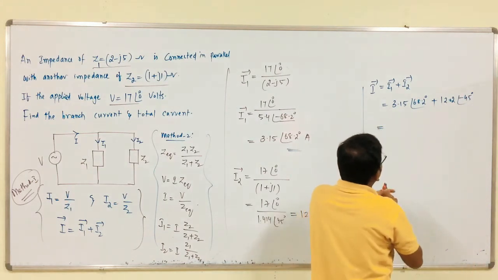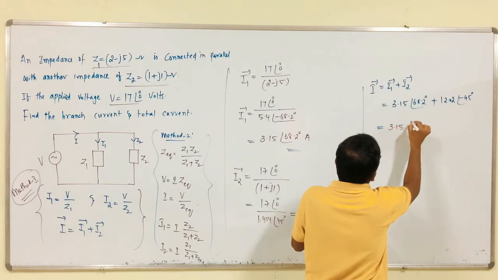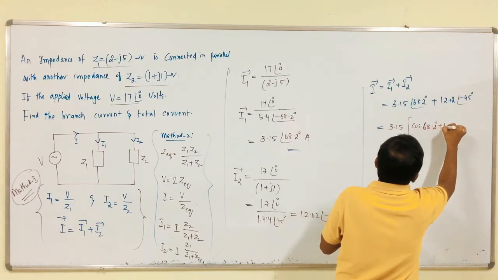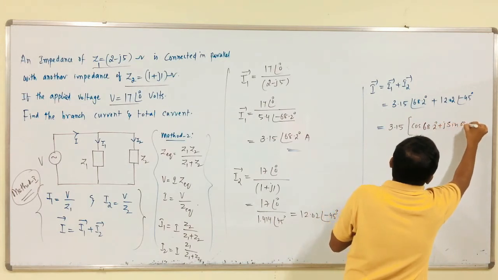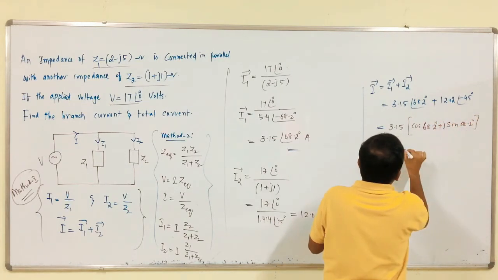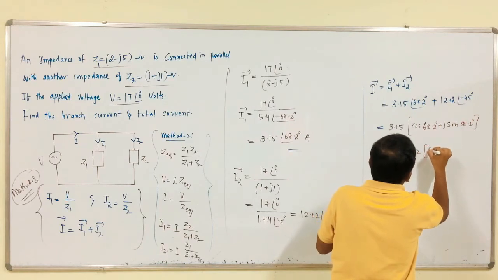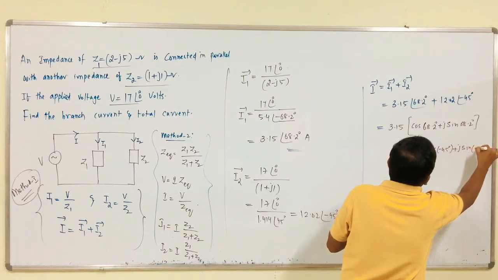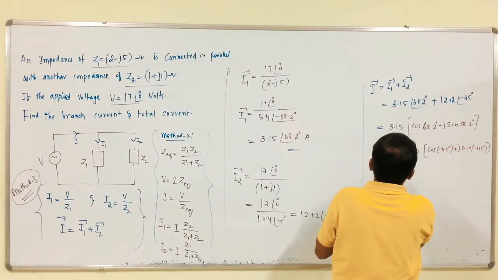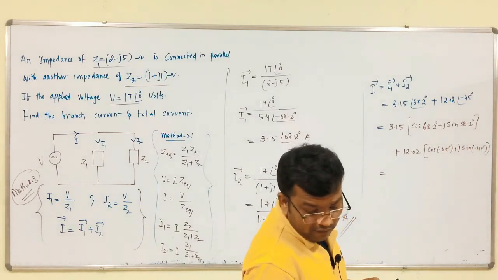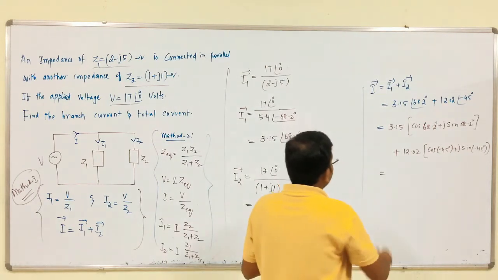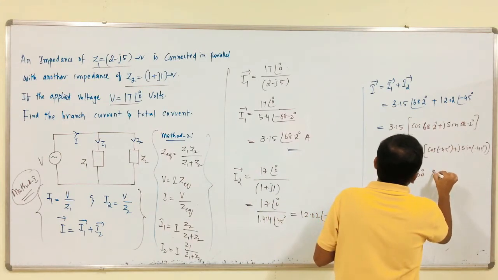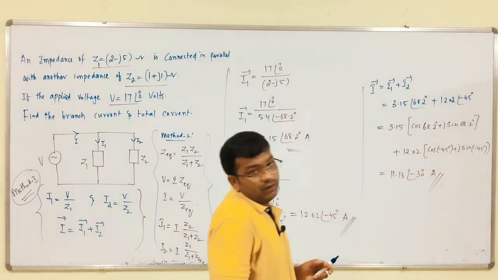Which is nothing but 3.15 cos 68.2 plus j sin 68.2 plus 12.02 cos 45 plus j sin 45. What is this answer finally? We got 11.16 at an angle of minus 30. This is the total current in the circuit.